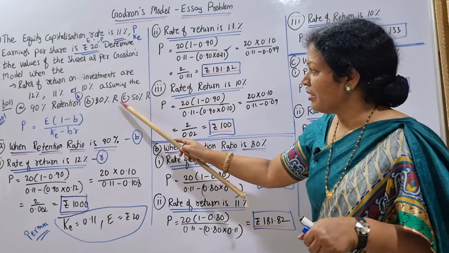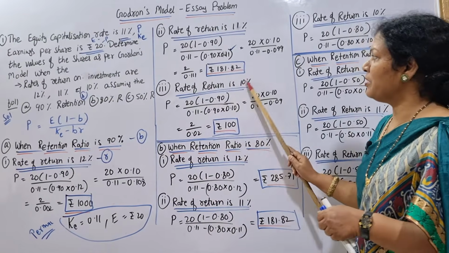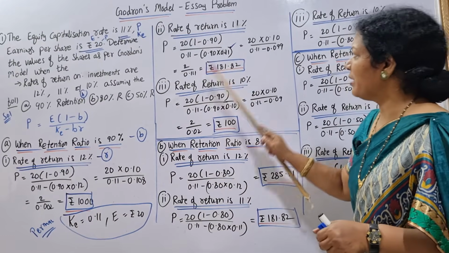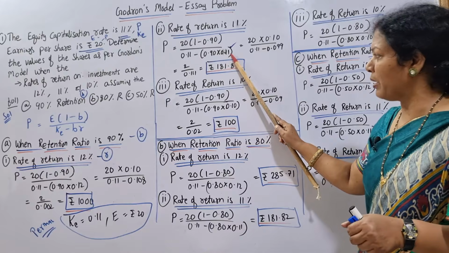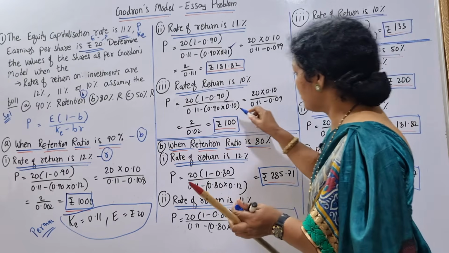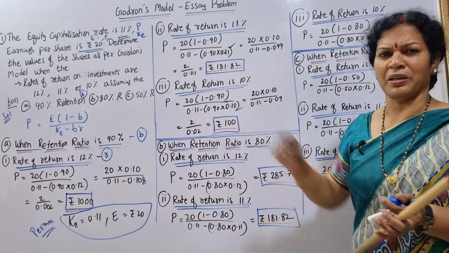In the same way, next one, when the rate of return is 10%. Here also same values I'll write, only instead of 0.11 I'll write 0.10. So this I have changed. Rest of everything is normal.